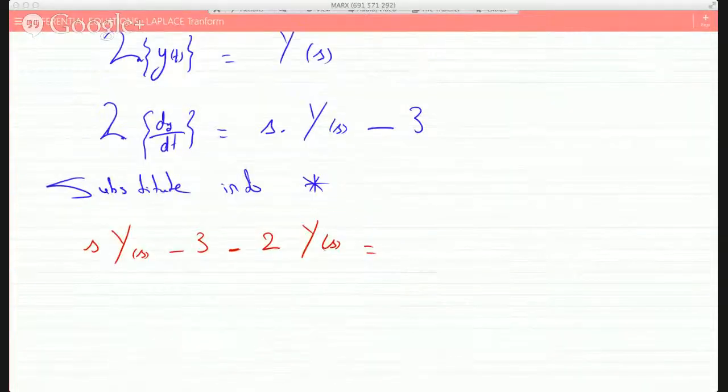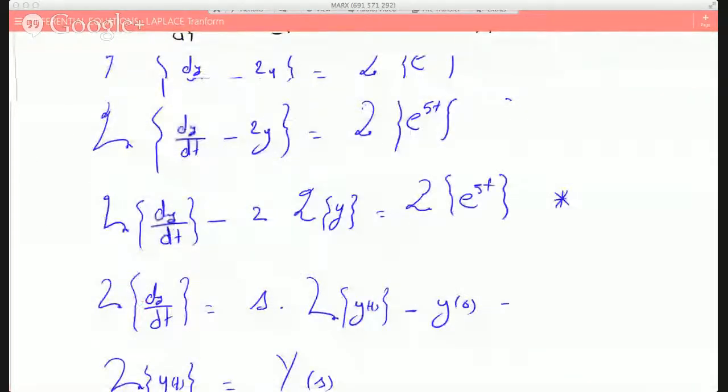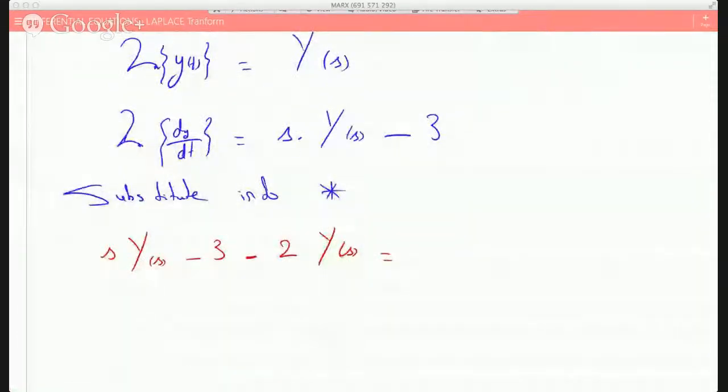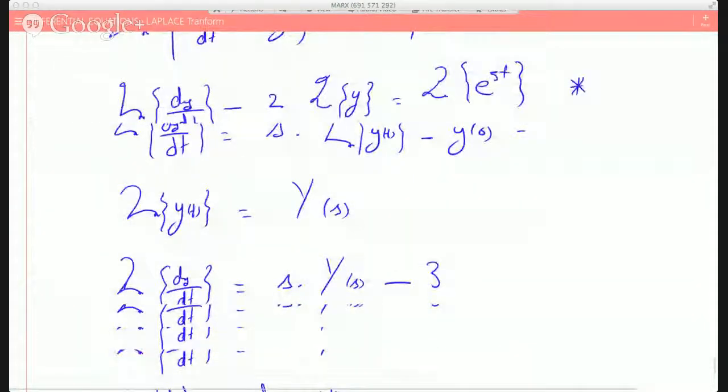Because the right hand side is the Laplace of e to the 5t. Here we go back to the table. You look for e to the at. So that's 1 over s minus a. What's a in our case? Was it 5t or 3t? Yeah, 5. So s minus 5.